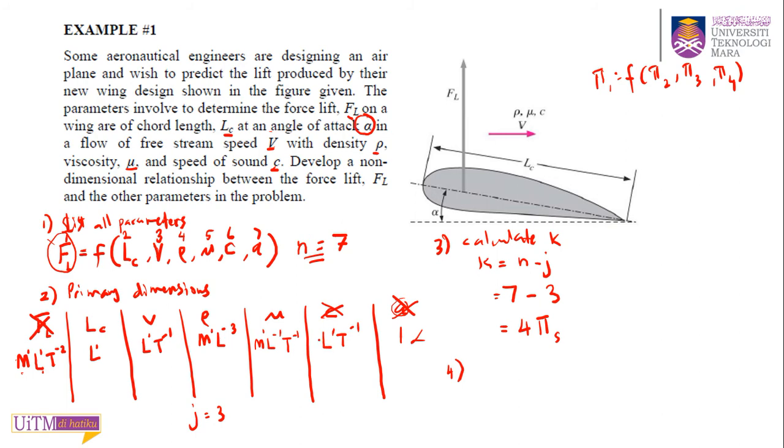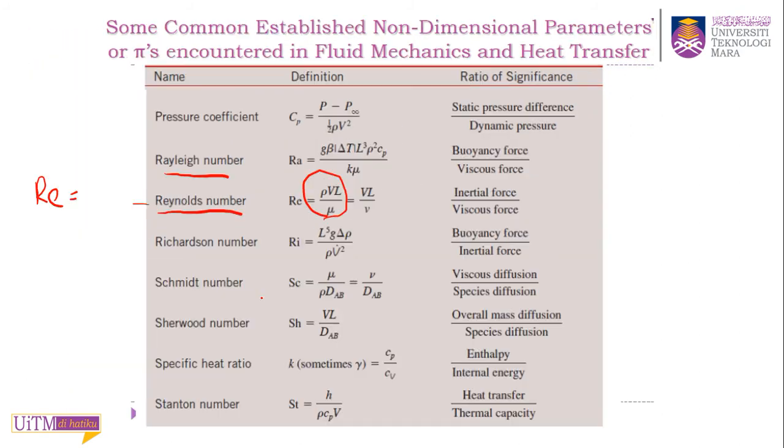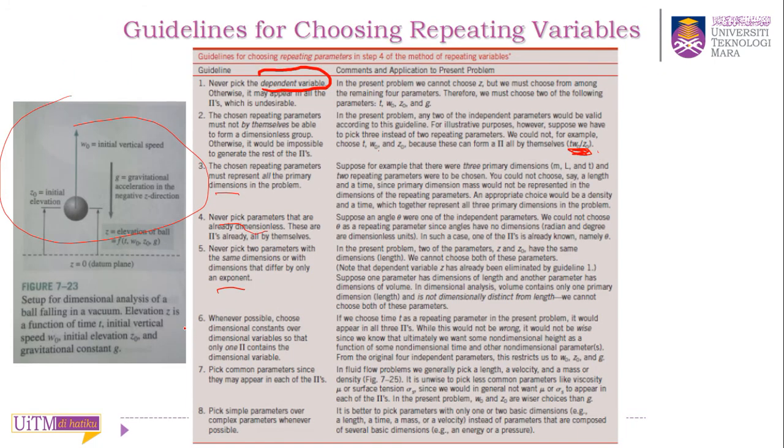So we want to choose three. The next guideline says whenever possible, choose dimensional constants over dimensional variables, so that only one pi contains the dimensional variable.